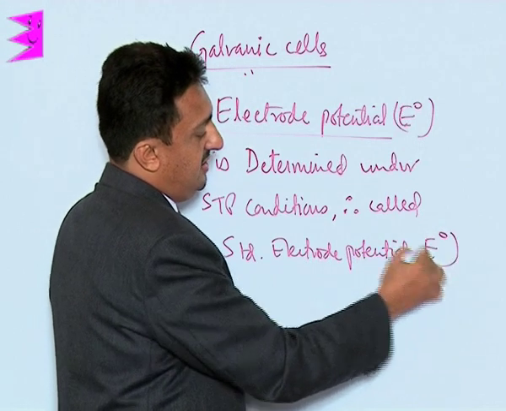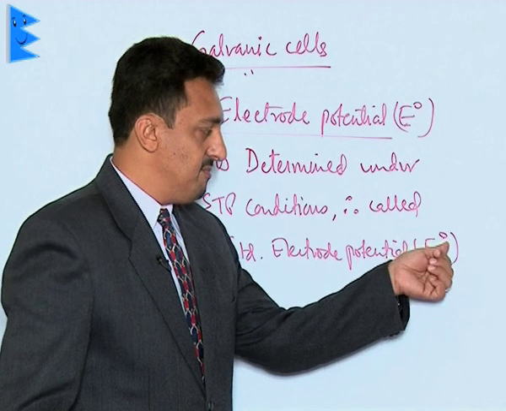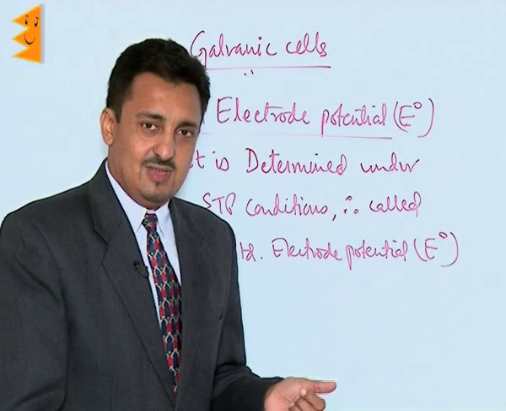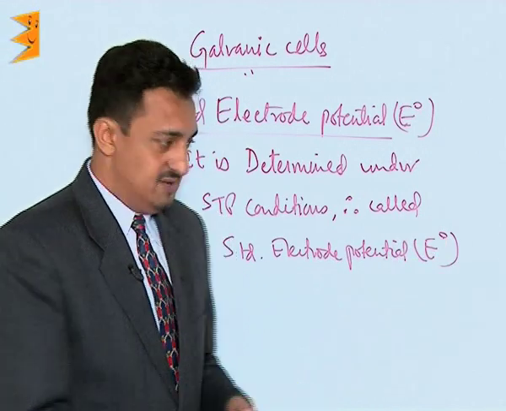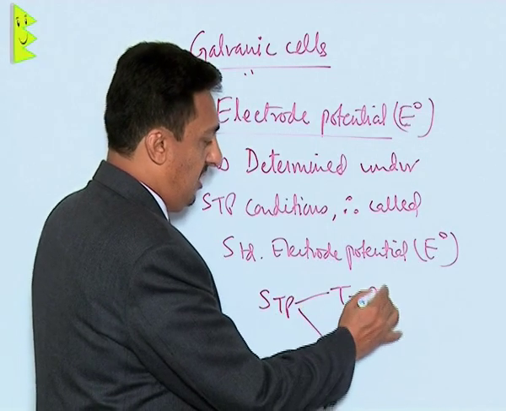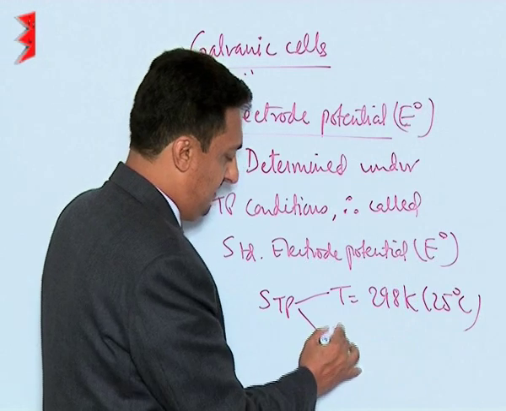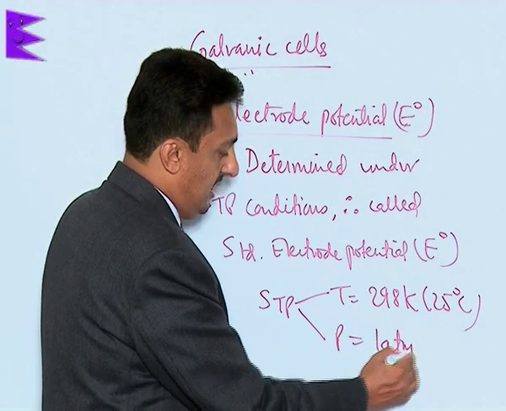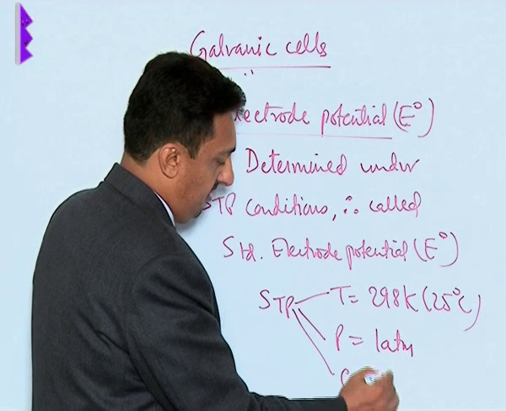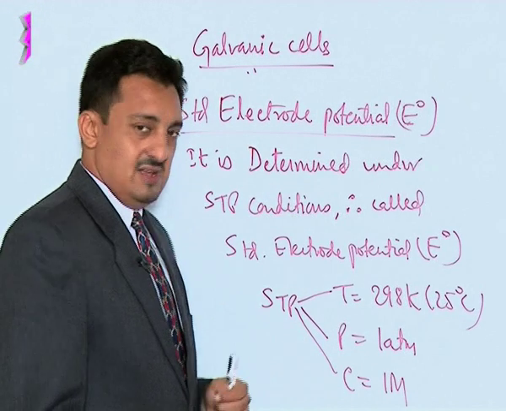The symbol is E and the knot we put as the superscript indicates that this is determined or calculated at the STP conditions. The STP conditions clearly include temperature of 298 Kelvin, which is 25 degrees Celsius, pressure of 1 atm and concentration of 1 molar of the electrolytes which are taken. So these are the standard conditions.